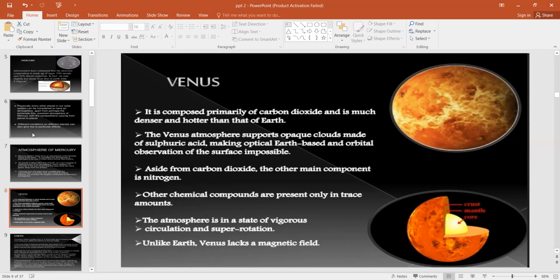Aside from carbon dioxide, the other component that is found in Venus is nitrogen. Other chemical compounds are present only in very small amounts. The atmosphere is in a state of vigorous circulation and superrotation. Unlike Earth, Venus lacks a magnetic field.